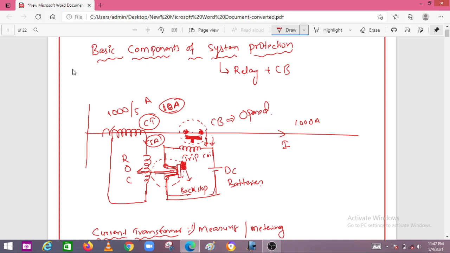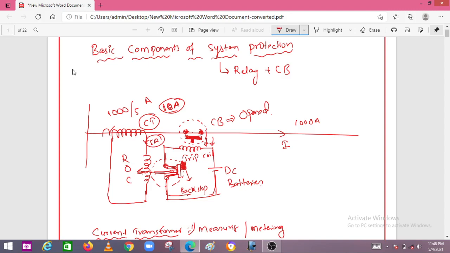So that's how the protection system will be working. Very, very simple. As long as 5 ampere current is flowing, this is under normal condition, the relay will not be energized, and the plunger will be in its original position, and the trip coil is not energized, and the circuit breaker contacts are closed.